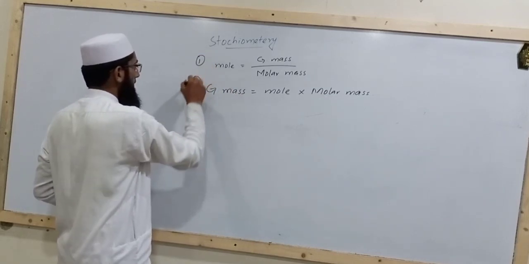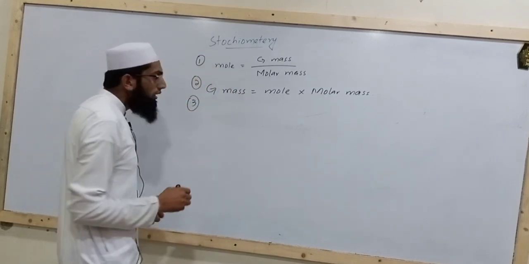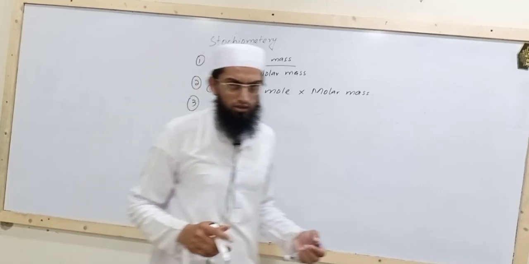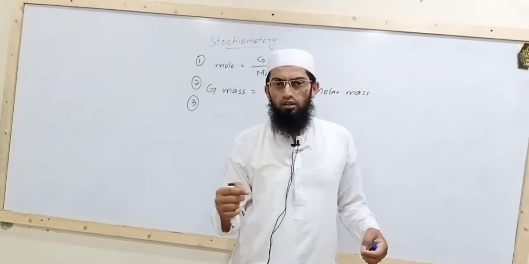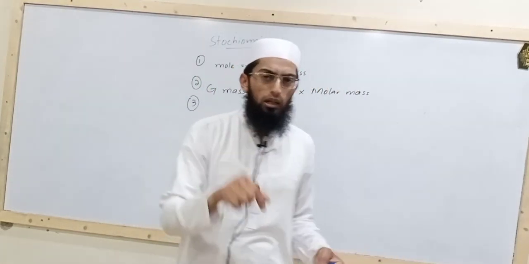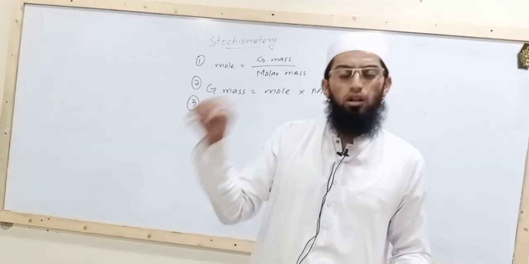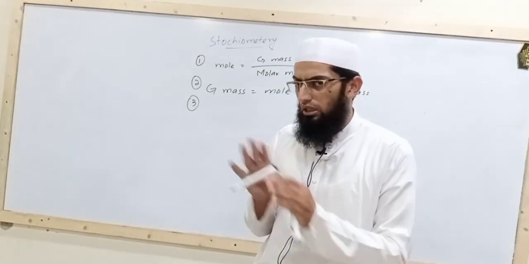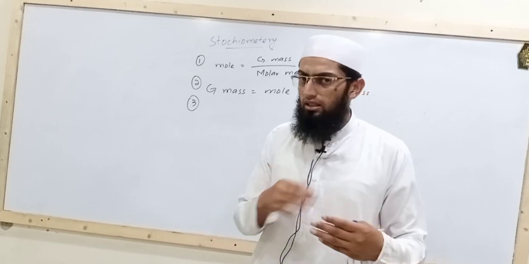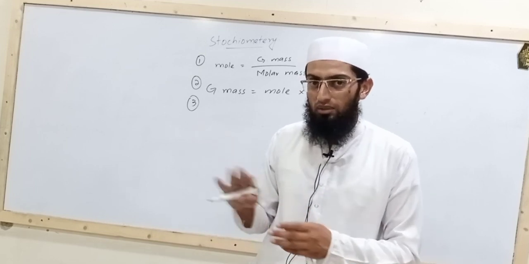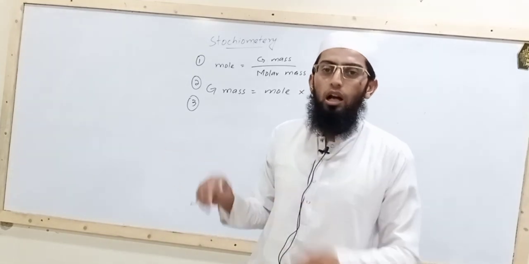The third formula is for when we have to find the particles, meaning the number of atoms. Someone may ask for the number of atoms, number of molecules, number of formula units, or number of ions. Whenever "number of" is used, it means you have to use Avogadro's number.